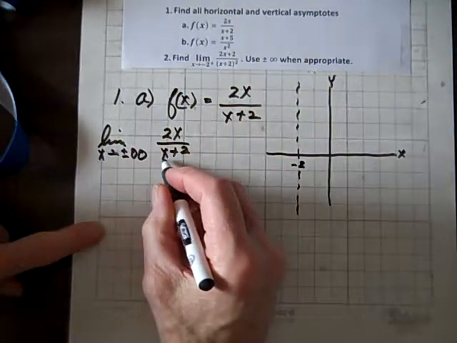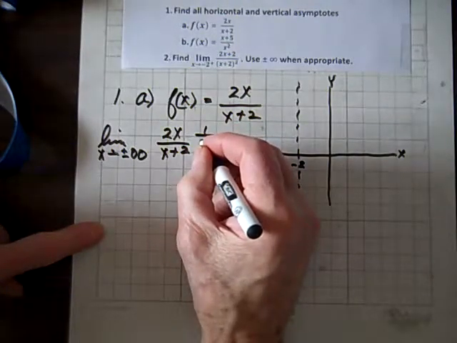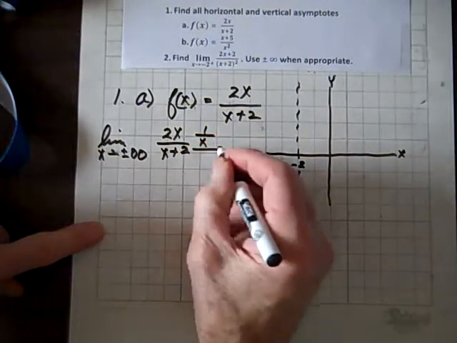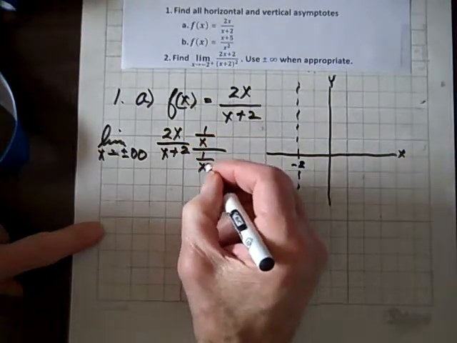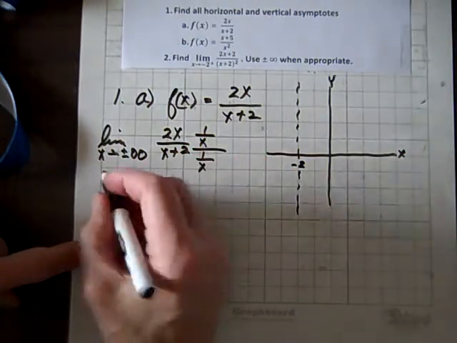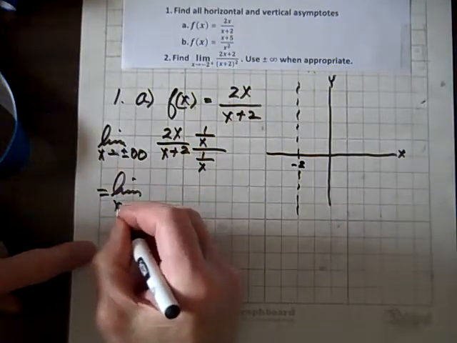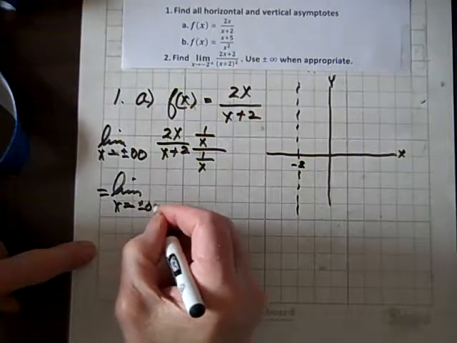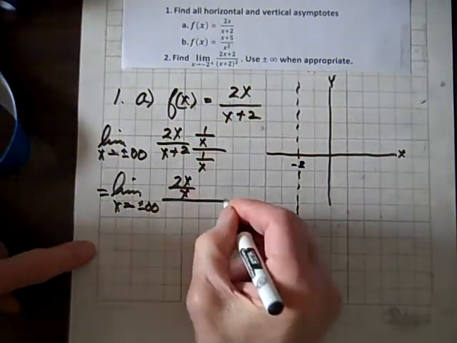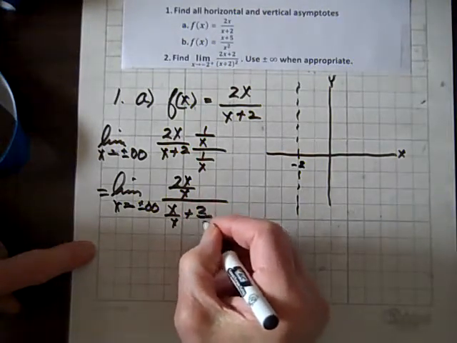Well, the degree of the denominator is 1, so we'll multiply by 1 over x, all over 1 over x, that's another way to write 1, and the degree of each of these denominators is 1. So this equals the limit as x goes to plus or minus infinity of 2x over x all over x plus 2 over x.